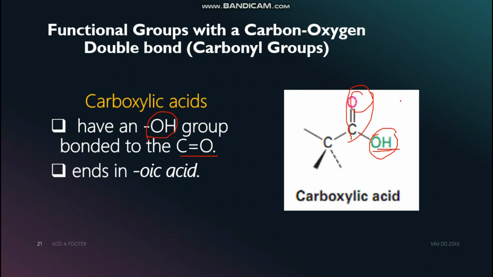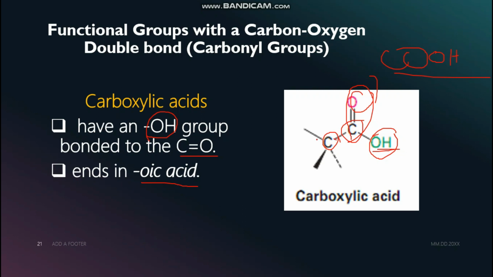So pag shortcut nyo yan, 'di ba? May makikita kayo commonly na COOH. So that's the carboxyl group or yung COOH, carboxylic acid. So its name ends in oic acid. So we have here two carbons, so this is ethanoic acid.